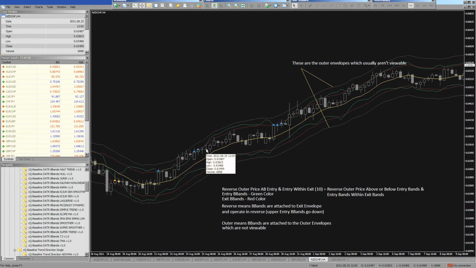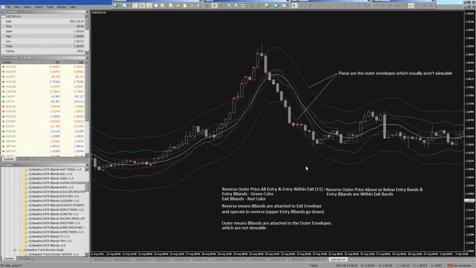It's below, basically, this exit. It's inside here. And this down here is the same thing. Price is above or below the entry level and above the exit level. So that's when it draws a dot.